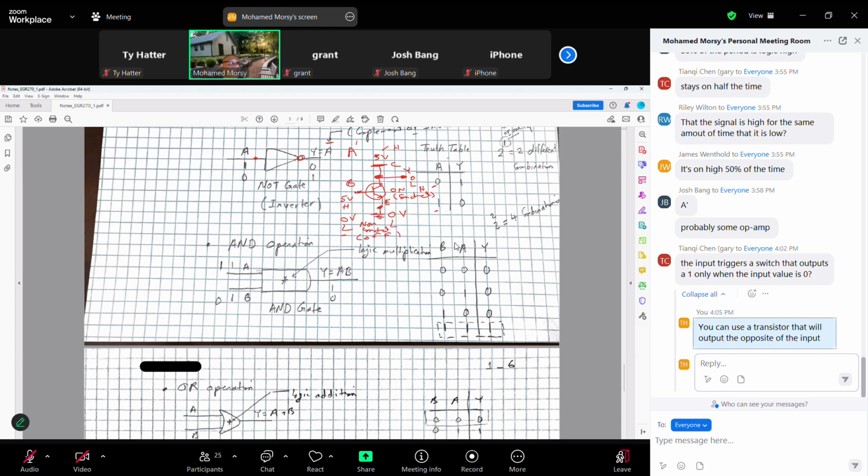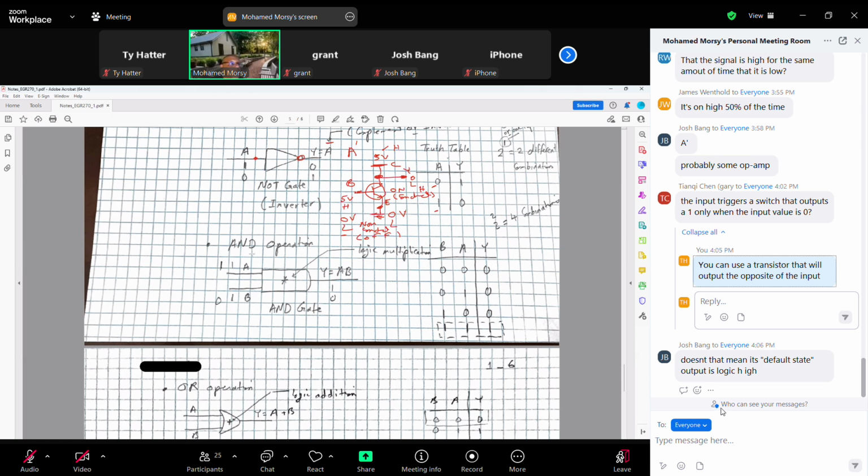So in the AND operation, we have two inputs, A and B. Because the communication is hard now, we may talk in more detail next time.